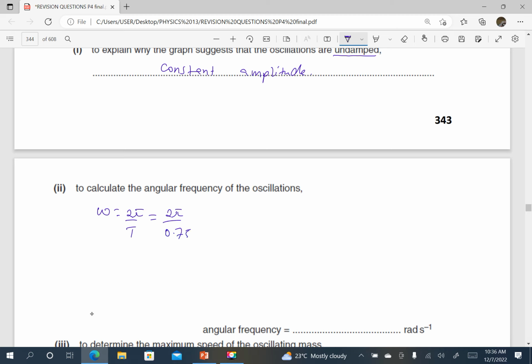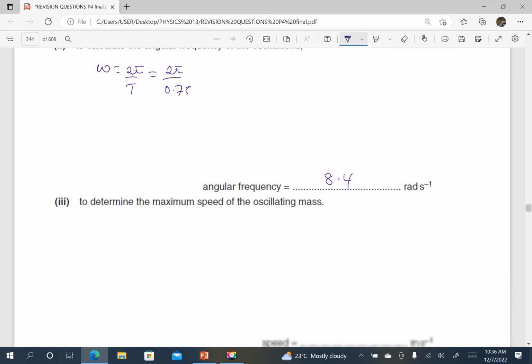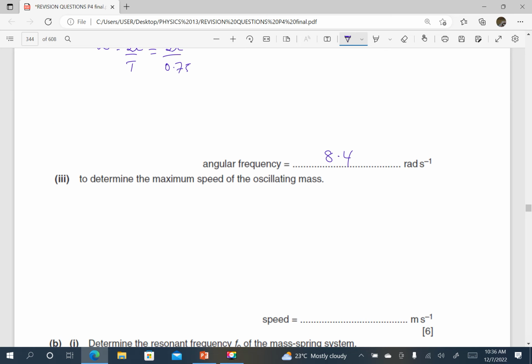I press my calculator, 2 pi divided by 0.75. So this is 8.4, or 8.377. I'll just write 8.4 radians per second. Then use the figure again to determine the maximum speed of the oscillating mass.